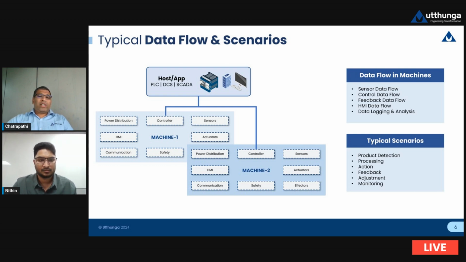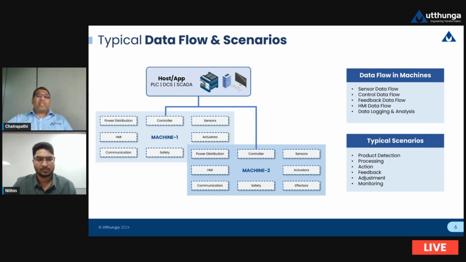What are the different data flows that are there, and in which scenario these data flows occur. So with this, you'll get a complete overview, in a very generic sense, of what a machine is and how it performs.